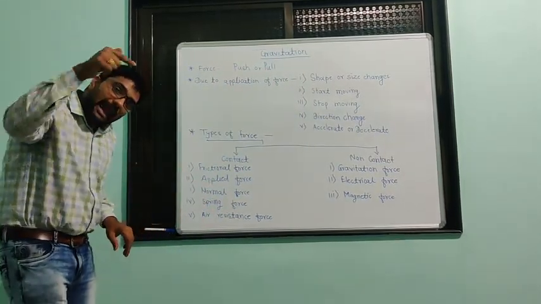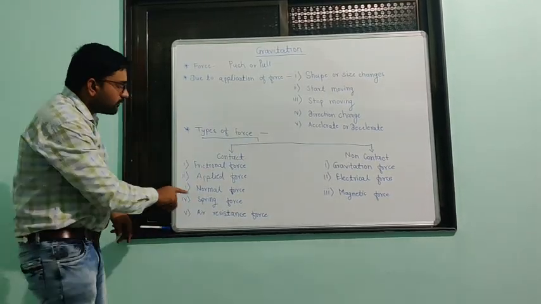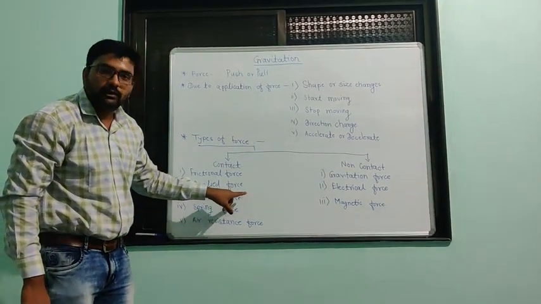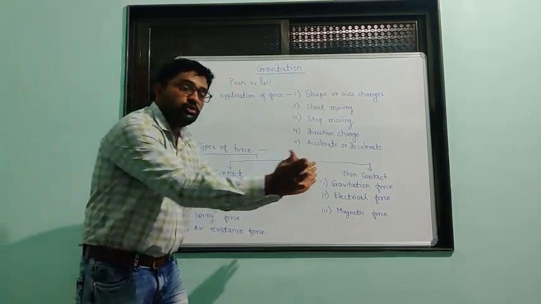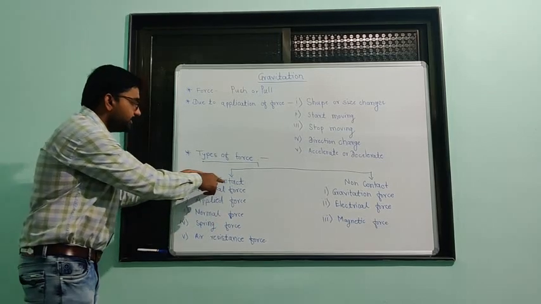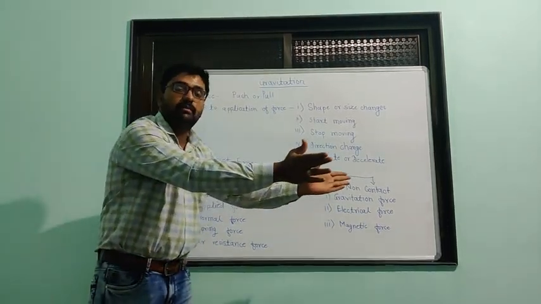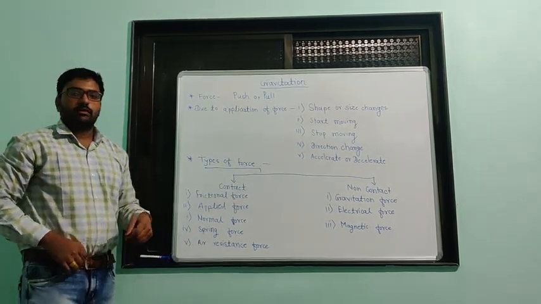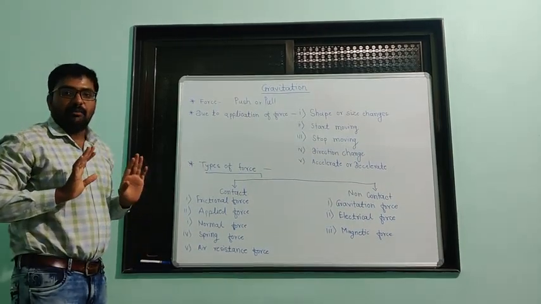That applied force in the forward direction for the motion of that object is called applied force. For the application of force, I have to push that object, which means I have to come in contact with it, and then the motion of that object takes place.